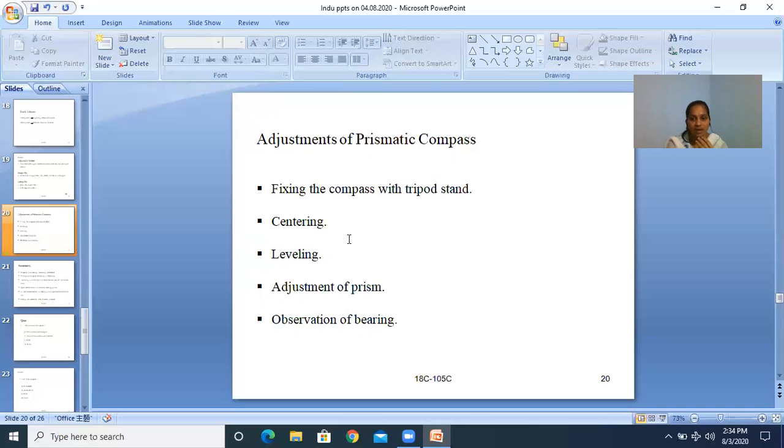And then leveling, so that you can bring the magnetic needle to the north direction by adjusting some parts. And then adjustment of the prism, you can adjust the prism up to your eye. Then you can take the observations of the bearing. So those are the adjustments of the prismatic compass.